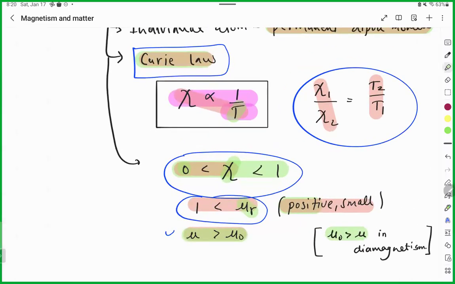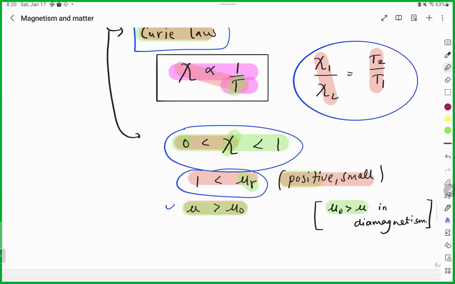In case of diamagnetism, chi was negative, here it is positive. There, mu r value was zero or less than one, here it is positive. So mu value will be more.